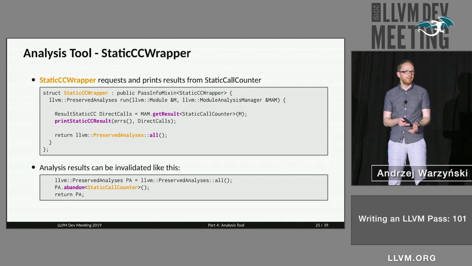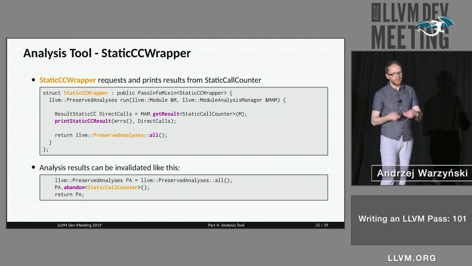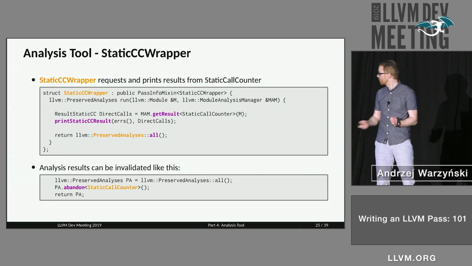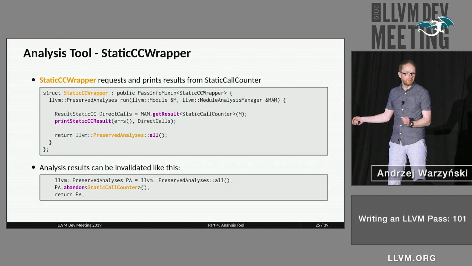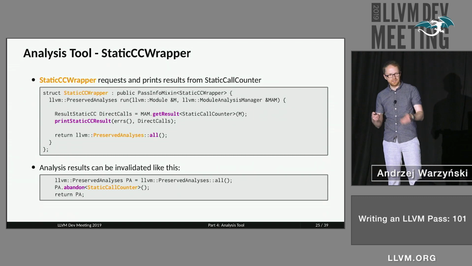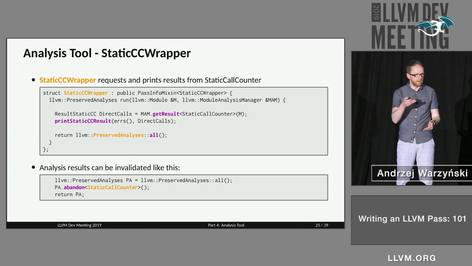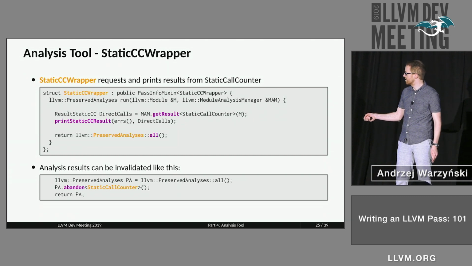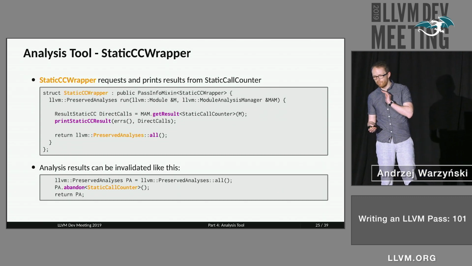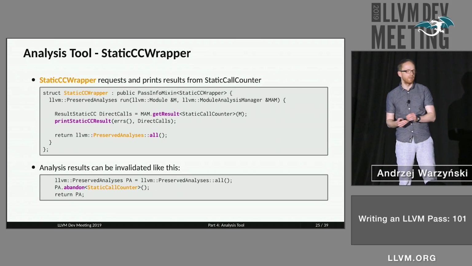Now, you might be tempted and interested: what if I am changing something? What do I have to do? So you just call abandon, which is a method in PreservedAnalyses. Abandon is not a static method, so you have to create an object of this class and then call the method. And you simply pass as a template parameter, again, the pass for which analysis result you want to invalidate.